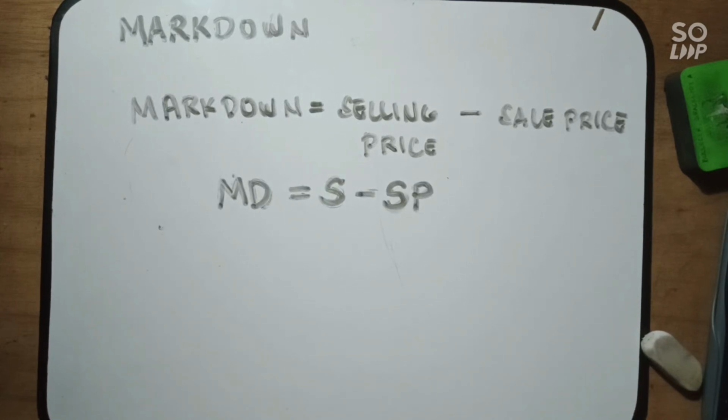The reasons why markdown becomes an option for a business owner are, first, sometimes the item is perishable, meaning it can be damaged or broken. Another reason is that sometimes the product has become dirty or worn out, for example, if the plastic cover of a product is taken off.